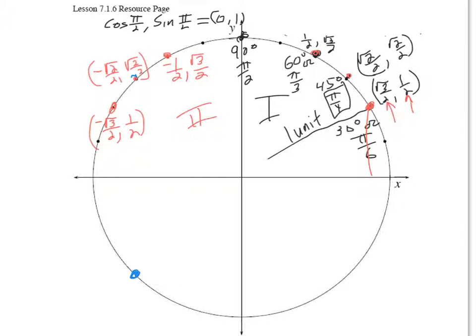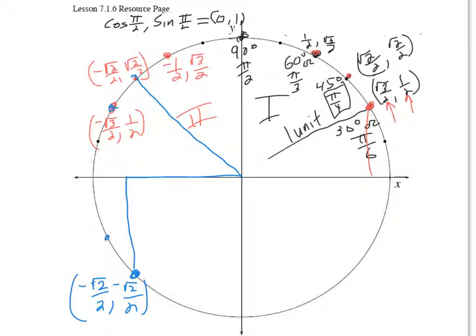And this point right here is going to have the coordinates, x is still negative, so it's going to be a negative square root 2 over 2, comma, but now y is a negative square root 2 over 2. This point would be right about here.